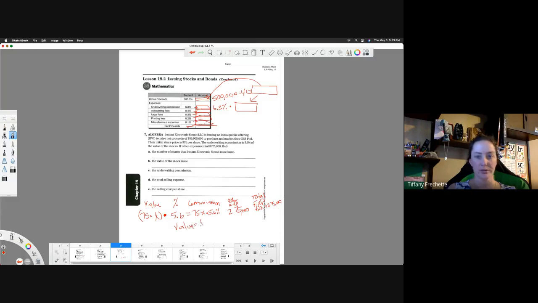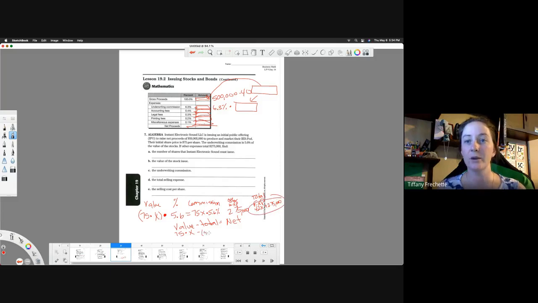Value minus total equals net. And I'm shorthanding that completely. So the value of the issue minus the total selling expenses equals the net proceeds, right? I'm just using the beginning words there. So my value, I wrote as 75 times X, minus the total selling expenses, which is this guy here.